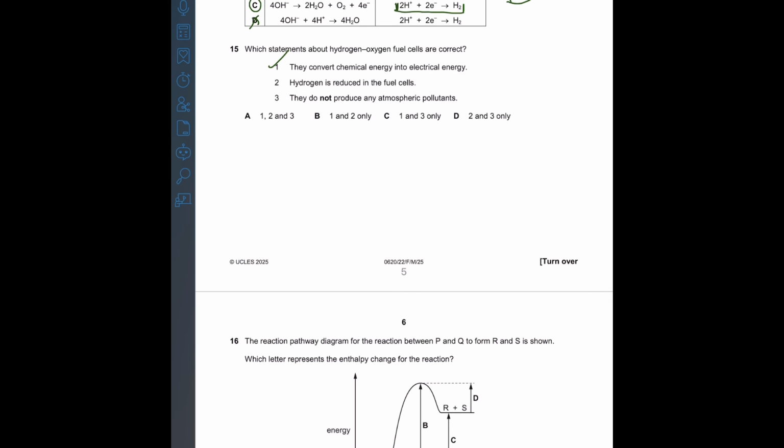Hydrogen is oxidized because we add hydrogen and oxygen and we get water. Hydrogen gave oxygen, so 2 is wrong. 3, they do not produce any atmospheric pollutants. Absolutely correct. That's the main advantage of hydrogen oxygen fuel cells. So the answer is 1 and 3 are correct, so the answer is C.